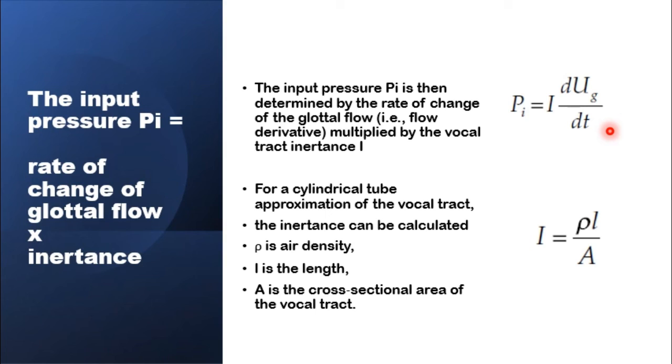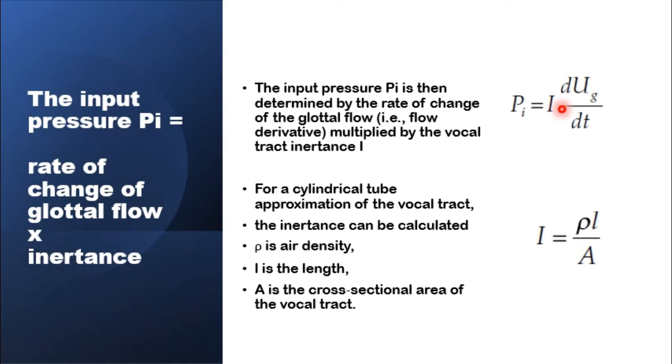The inertance of the vocal tract is in turn calculated from this equation and gives almost a fixed value, because it's dependent on the density of the air, the length of the air column in the vocal tract, which is about 17 centimeters or so from the glottis to the lips, and the cross-sectional area of the vocal tract above the glottis, which is about 3.5 centimeters square or so.